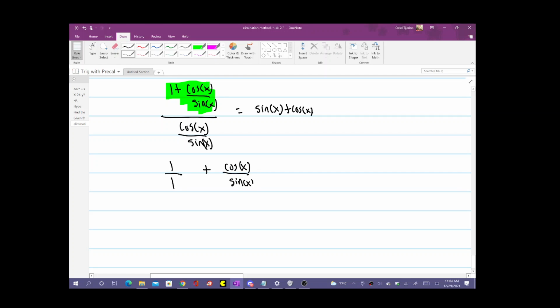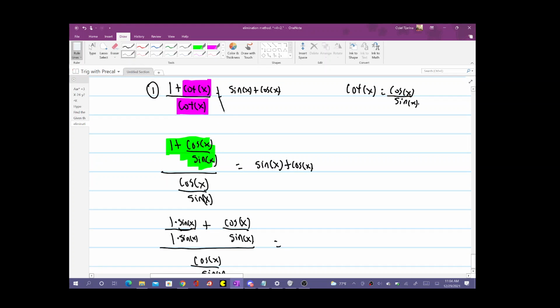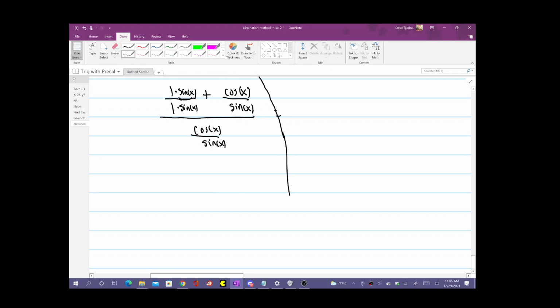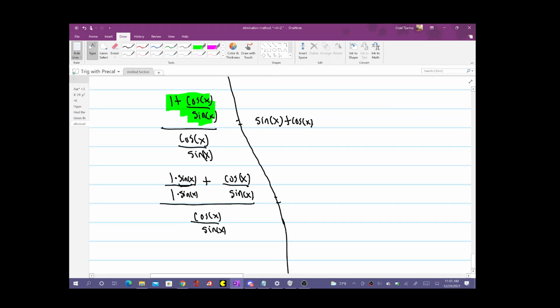We want the same denominator, so we're going to do times sine of x over sine of x, over cosine of x over sine of x. So we're going to simplify, and this is again equal to, and let me do a little curve to kind of follow along what we're doing, sine of x plus cosine of x.